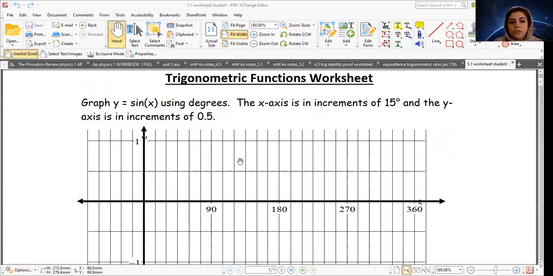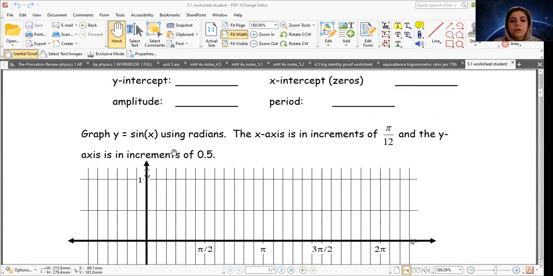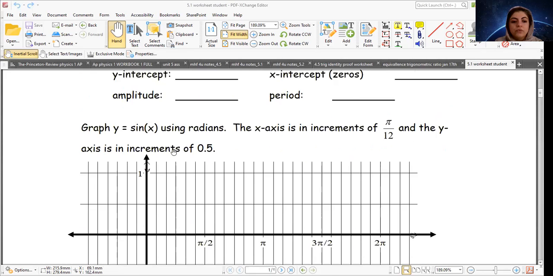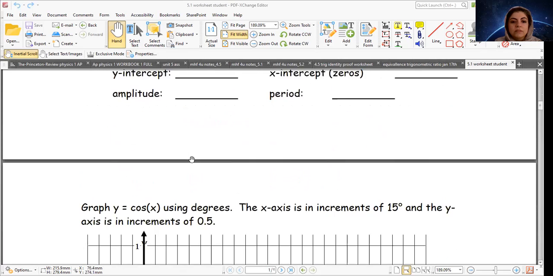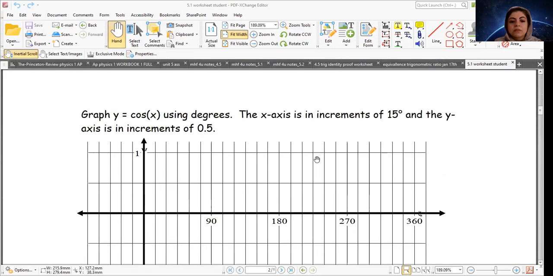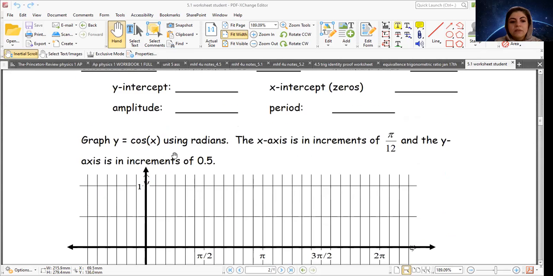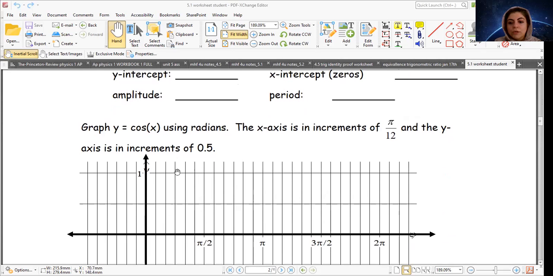So here's the worksheet. See, it says sine every 0.5. Ignore that, just graph the sine for me here. Just one of those, right? Here we have 2 sine. Just do one of these. And then tell me the y-intercept, amplitude, x-intercept, and period. Fill in that information. Do cosine. Again, we have two of them, but just do one of those.